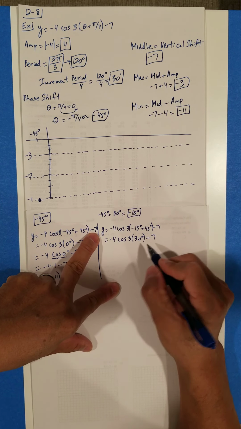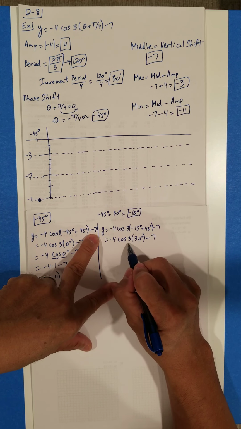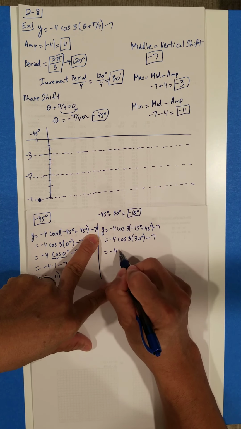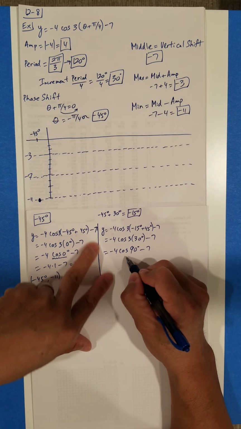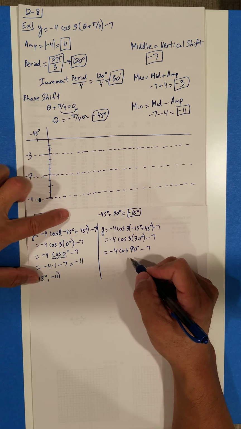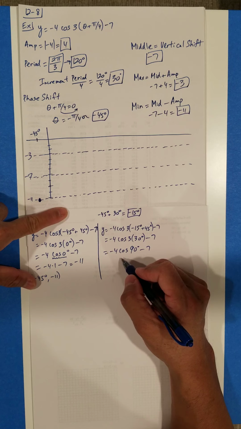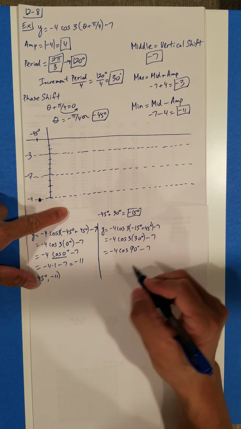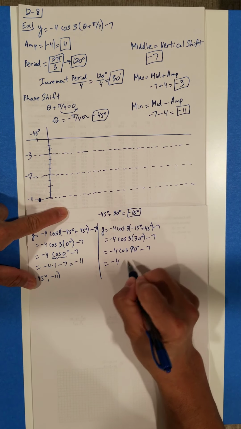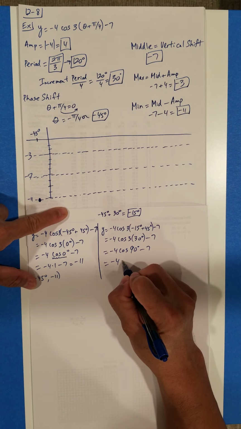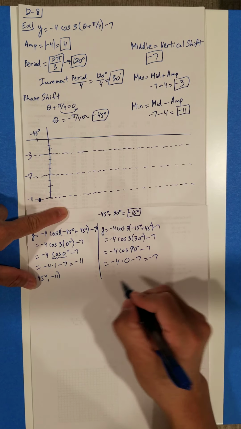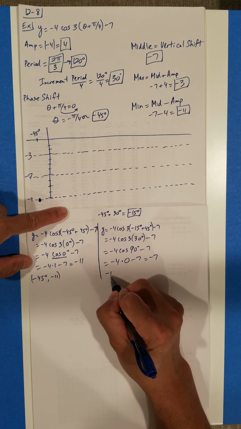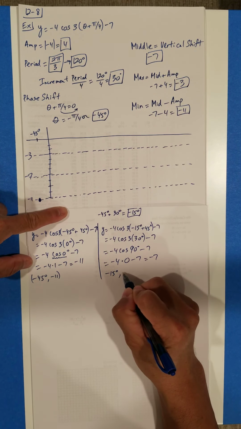Don't worry about that too much. 30 degrees is okay. But the thing is, we're going to do 3 times 30. See that 3? So negative 4 cosine of 3 times 30, 90 degrees. See, it's always going to come out to nice, beautiful numbers if you use the correct increment. Negative 4 cosine 90, you should know this, is 0. Minus 7 is negative 7. So I used negative 15 degrees, and I got a height of negative 7.